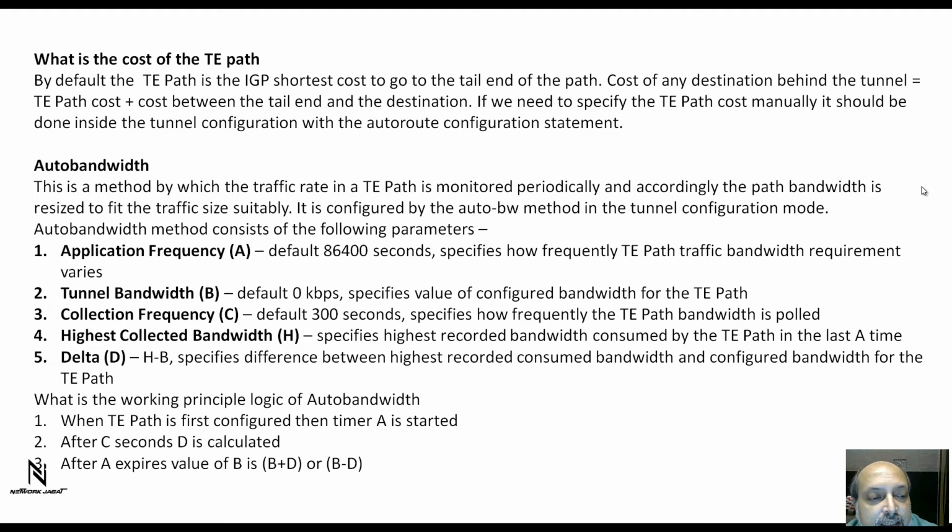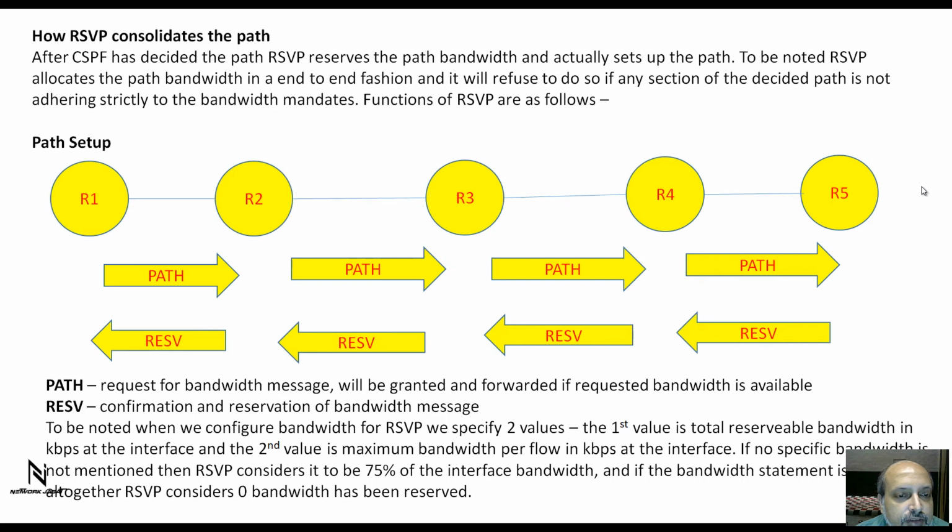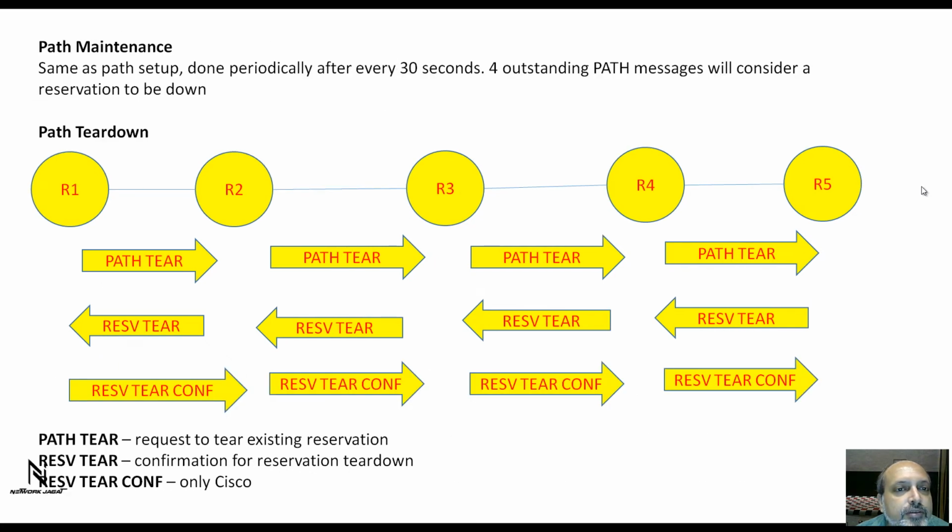So the interval after which the path gets observed by RSVP, obviously, that interval is called the collection frequency. So if RSVP is monitoring or polling that entire path after say 1 minute, that means after every 1 minute RSVP is monitoring it, right? If I am putting there 10 minutes, then RSVP will be monitoring it every 10 minutes, right? Now once again, don't confuse these with path maintenance, right?